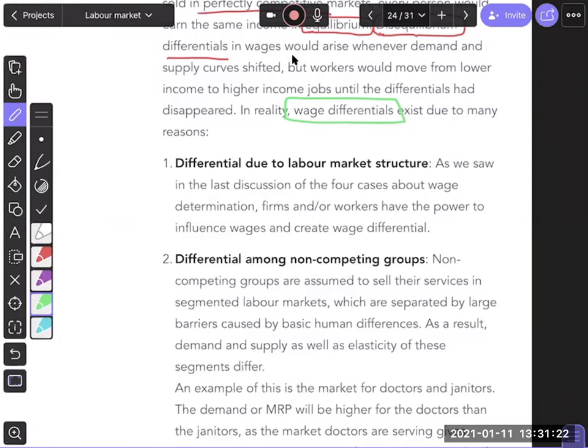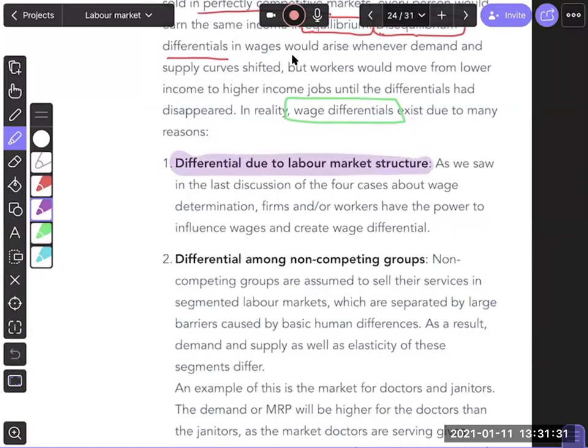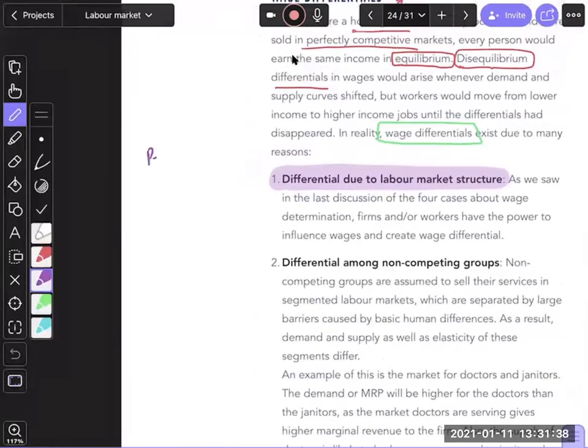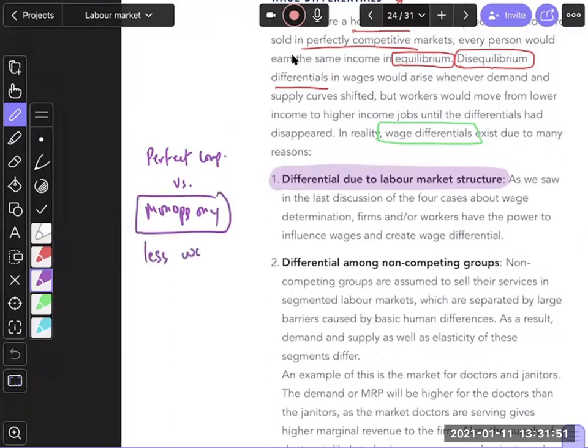So the first reason why people are paid differently could be what we call labor market structure, and this is to do with the discussion that we had yesterday. Like we saw, for example, perfect competition versus monopsony, the payment would be different. Monopsony will pay you less, but perfect competition will pay you better.